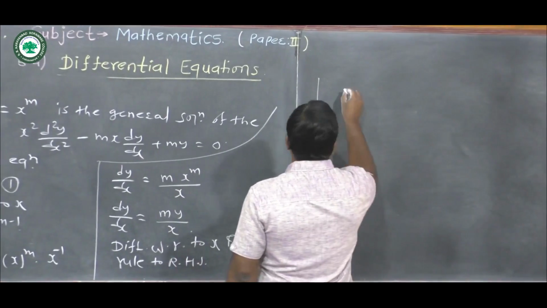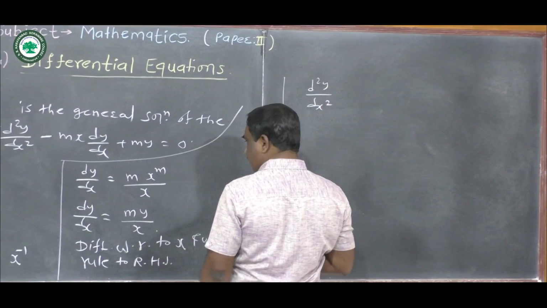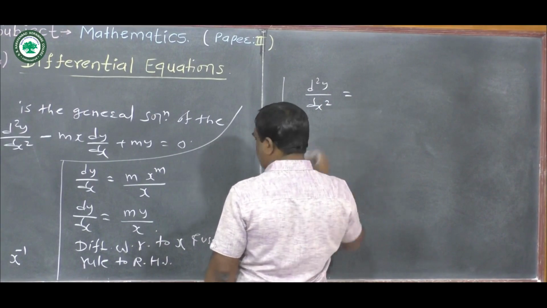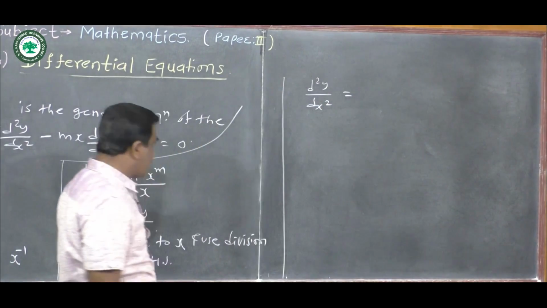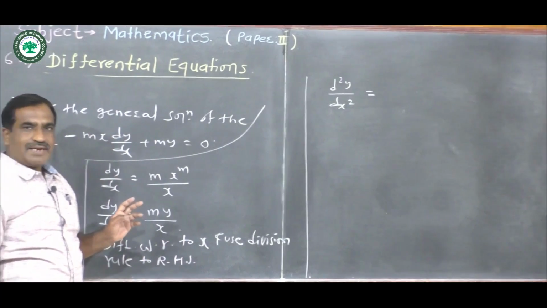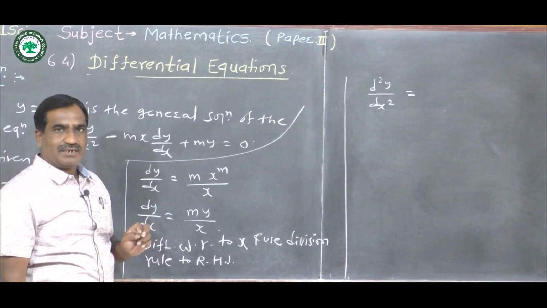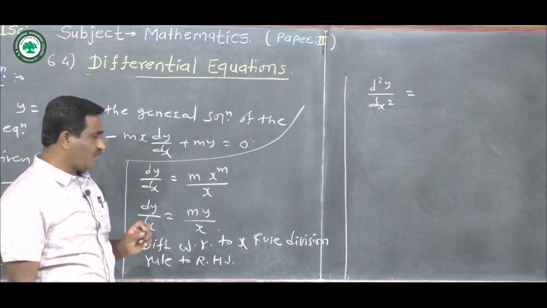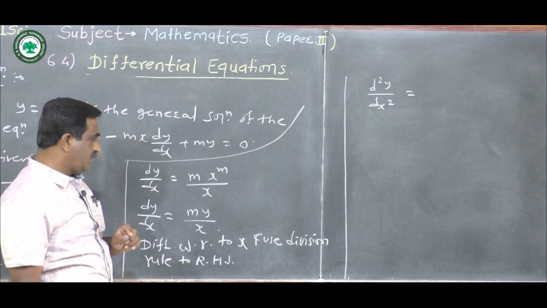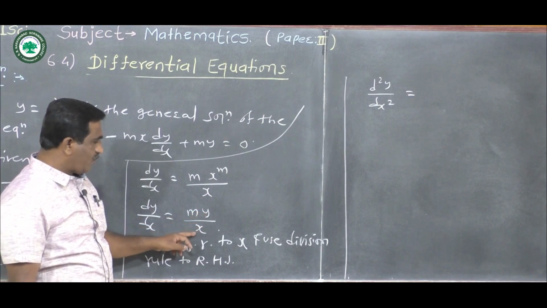Therefore, derivative of dy by dx is d square y by dx square equal to, now we know that the division rule is: if y equal to u upon v, then dy by dx is equal to v into du by dx minus u into dv by dx, upon v square. Using this rule, we write the derivative of m into y upon x.